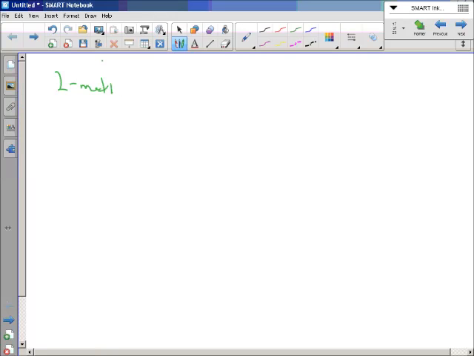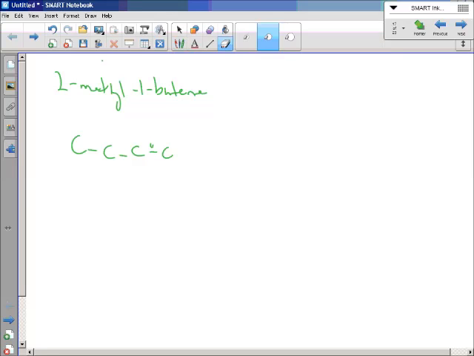2-methyl-1-butene. I'm just writing it out because I don't have it here. When you draw it, start with the end. We've got a butene. How many carbons? 4. Pent is 5, but is 4.